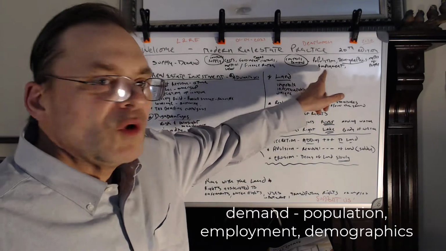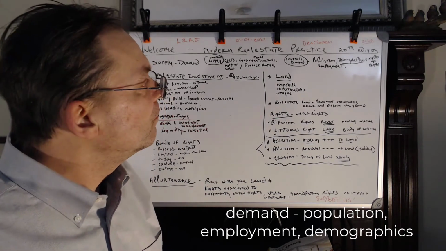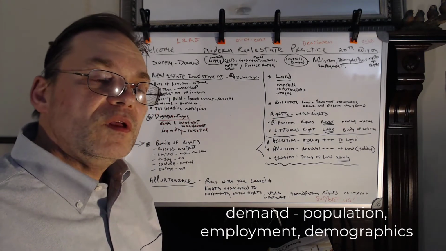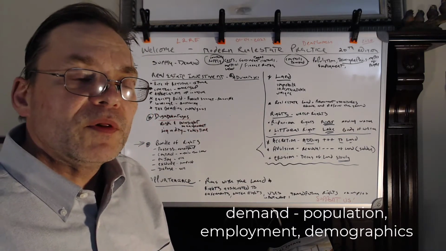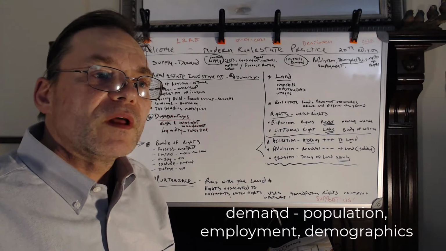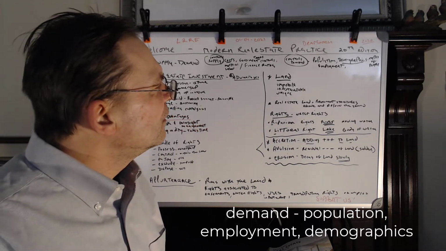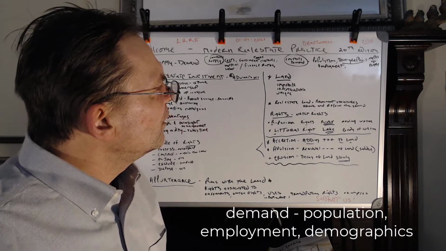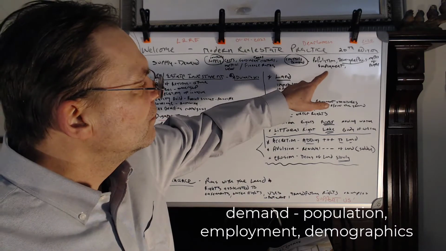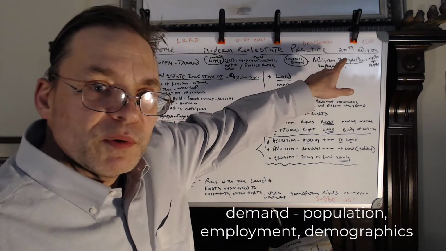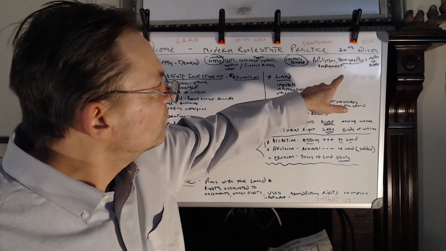Also, employment has a big factor on what people can afford, and the employment in the area. The more people that are employed in an area, the more likely they're going to be looking for housing in that area. So the demand is population, the types of people, and the employment factor.